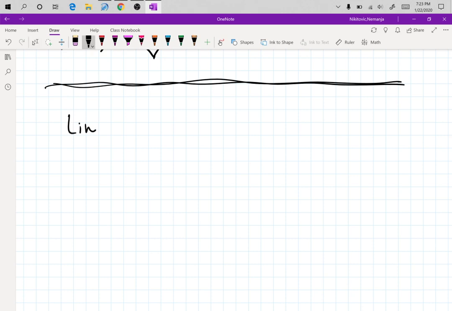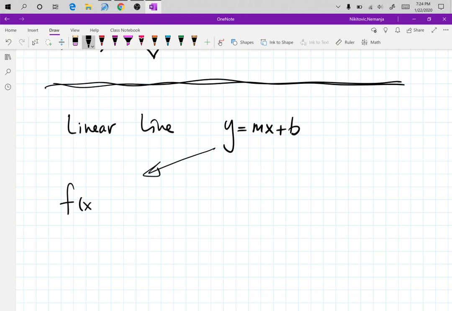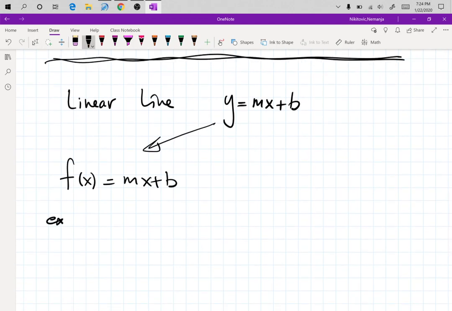So you are used to a linear line, y equals mx plus b. That same line in pre-calculus we can now call f of x equals mx plus b. And now we can just get some kind of example. Say f of x equals 1/2 x minus 2. Whatever.